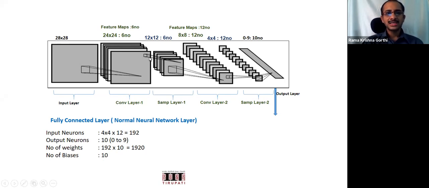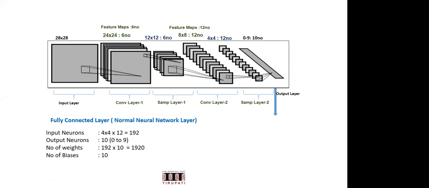Now the question is, before we start on initialization and back propagation, what are all the parameters to be learned in this neural network? Can one of you tell? What are the parameters to be learned? Weights for the kernels and biases.